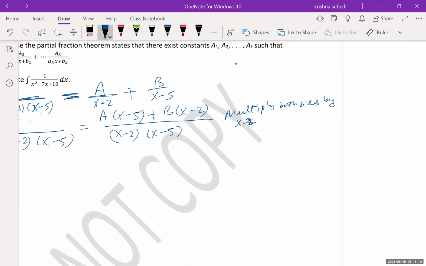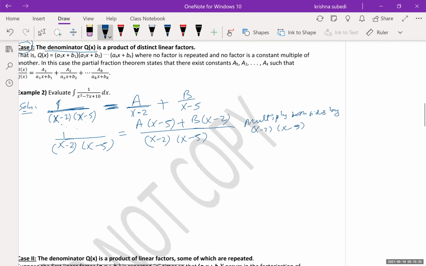On the left hand side you get 1 only, and on the right hand side you get a times x minus 5 plus b times x minus 2. Now all you need to do is solve this equation and find the value of a and b.